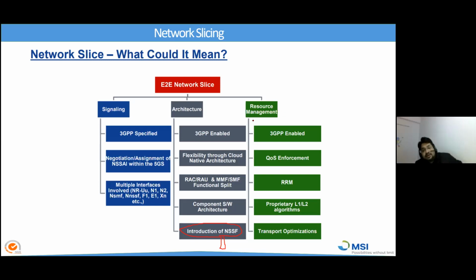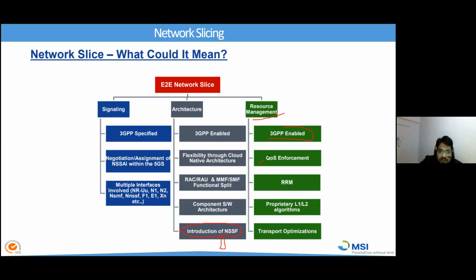And the third term is network resource management. Of course, network resource management is required everywhere, whether it's the legacy technologies of 2G, 3G, 4G, or 5G. So it's also there in 5G for the network slice, and it's been defined by 3GPP as well.